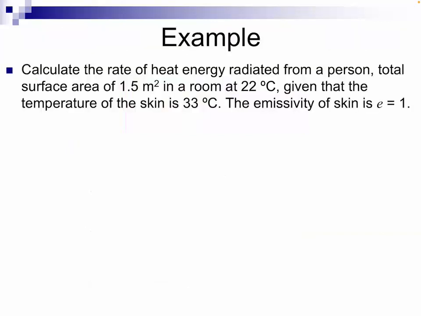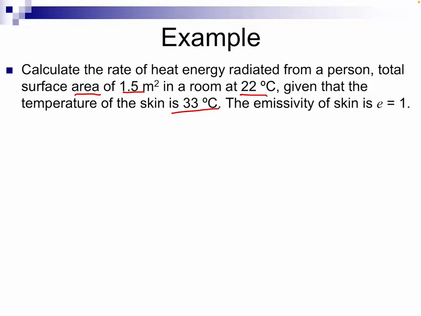All right, now the example. You have a person whose total surface area is 1.5 meters squared. And this person is in a room. The room's temperature is 22 degrees Celsius, and the temperature of the skin is 33 degrees Celsius.